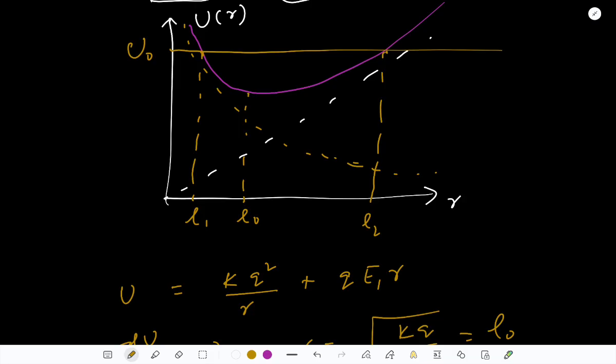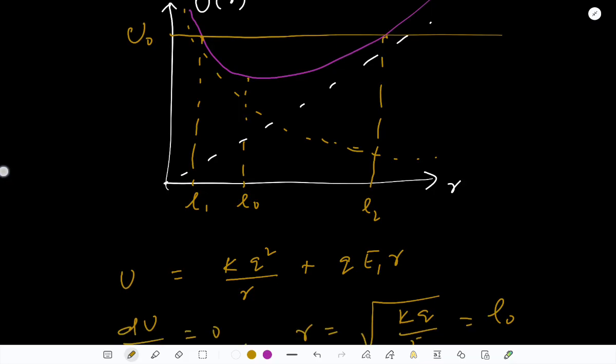And if the initial length was greater than L naught, in this case also the maximum distance between the charges is equal to the initial length.